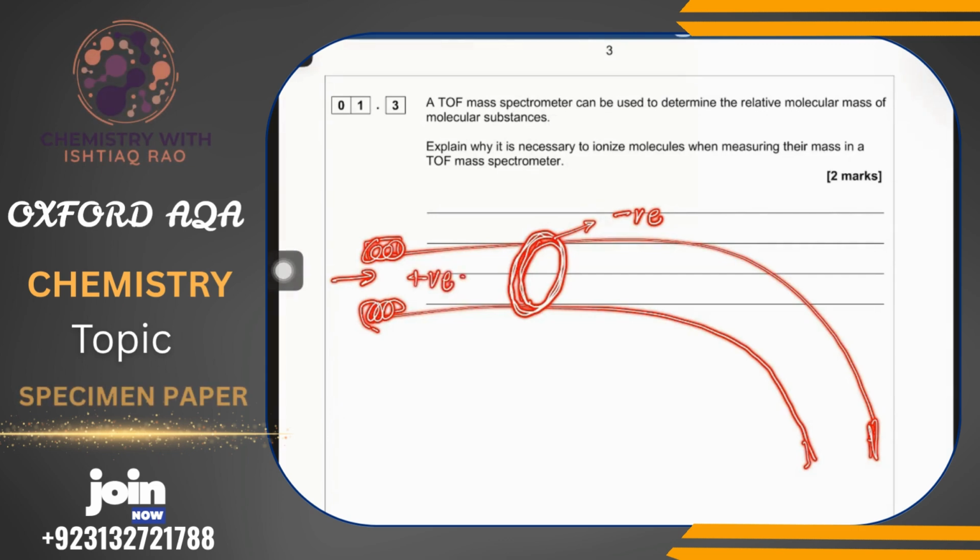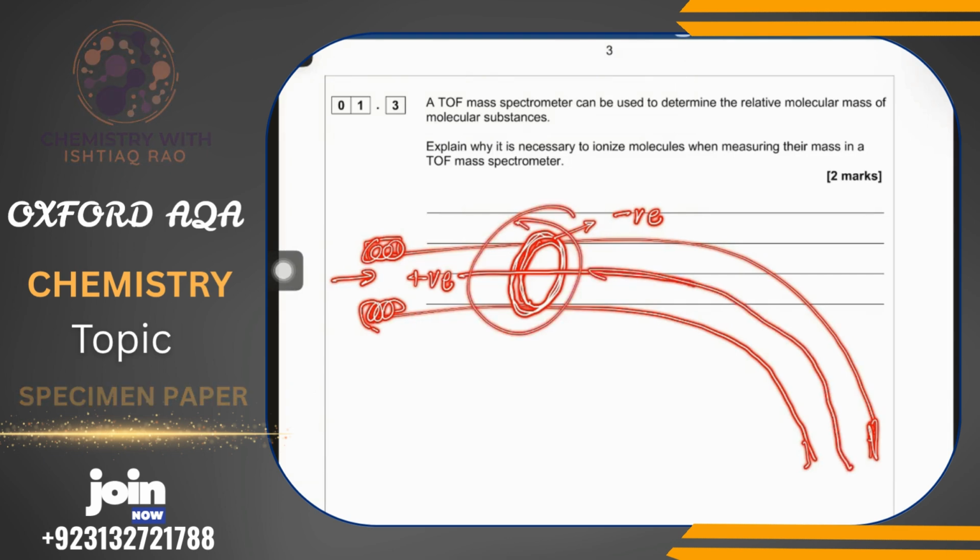It is attracted by this plate and accelerated in the presence of this negative plate and will be detected by the detector. Of course, we then apply the magnetic and electric field on the basis of the charge and their masses, and it is detected by the detector that is present over there.